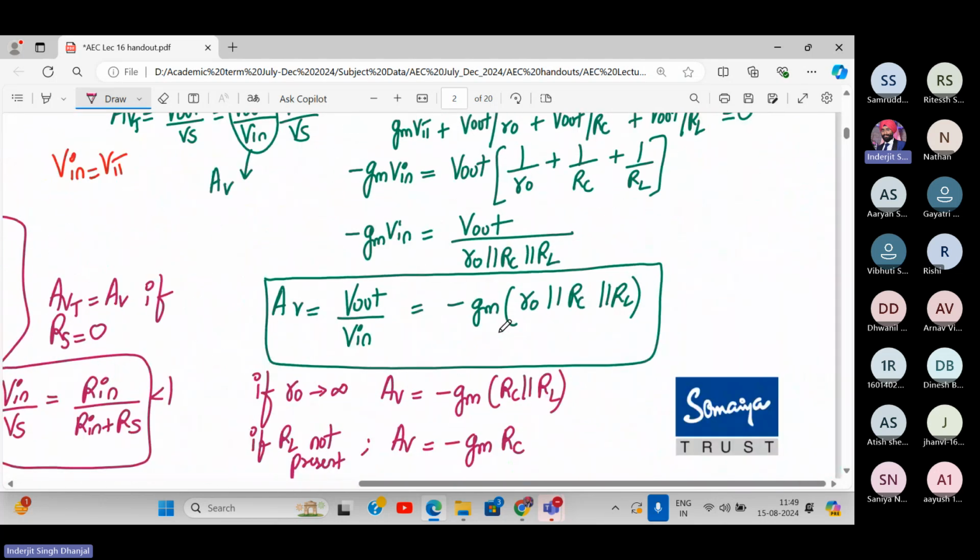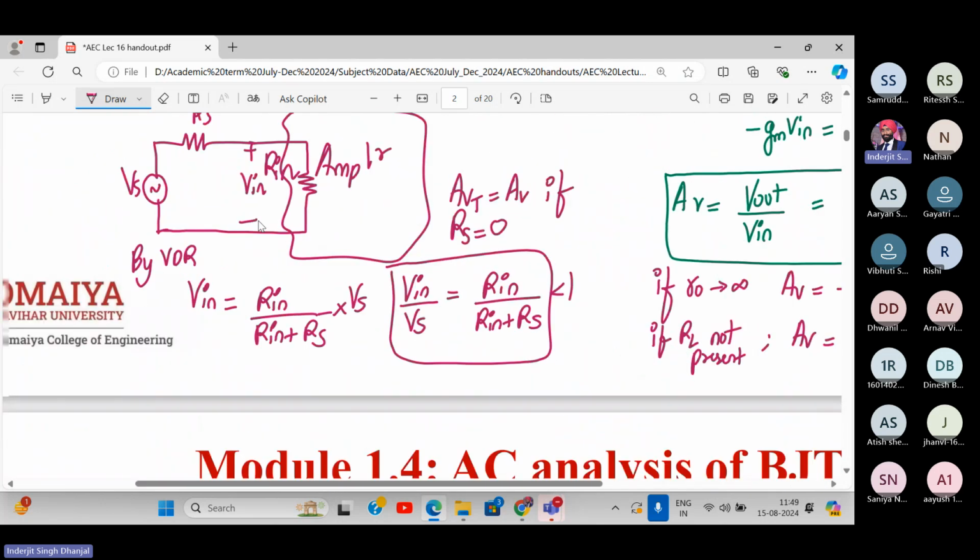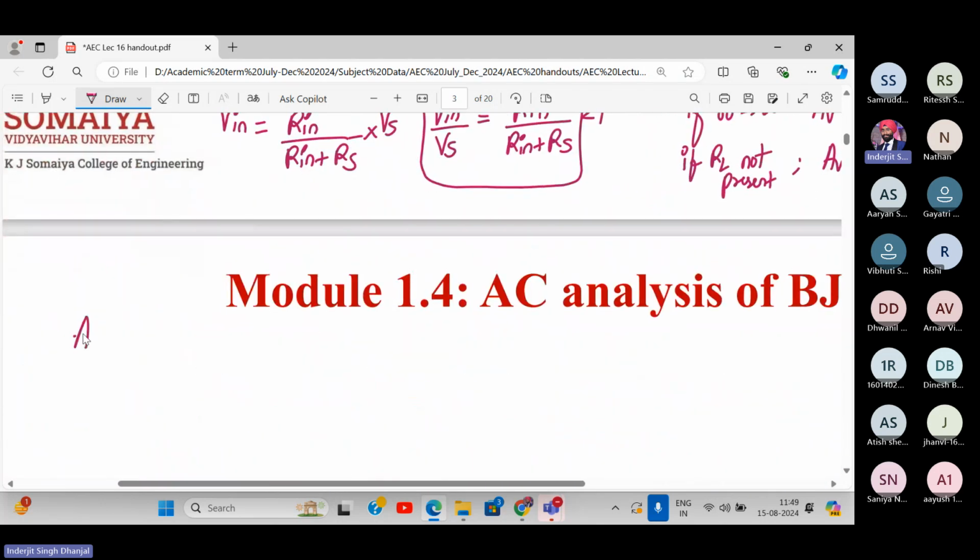So what will be the total gain? Total gain AVT will be Vin upon Vs into Vout upon Vin. This expression we know: Rn upon Rn plus Rs into, what was the gain?